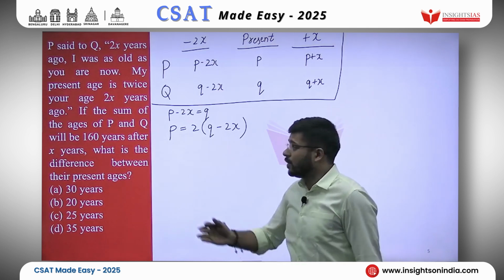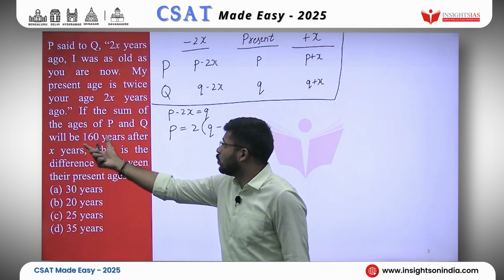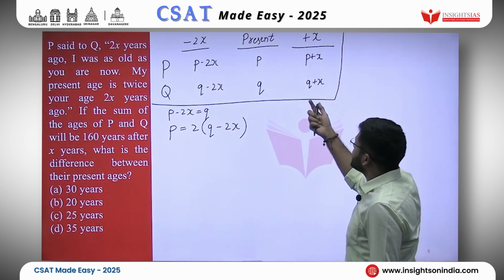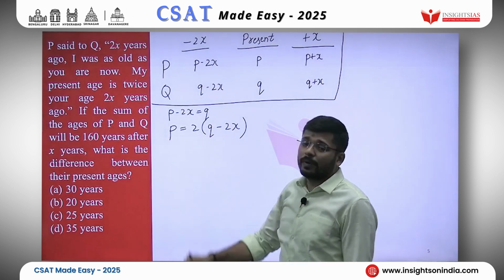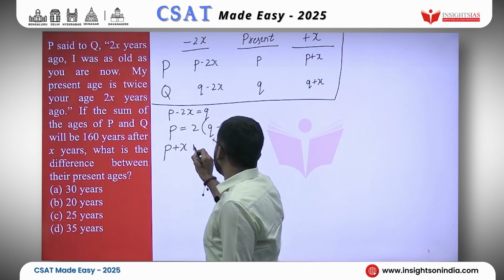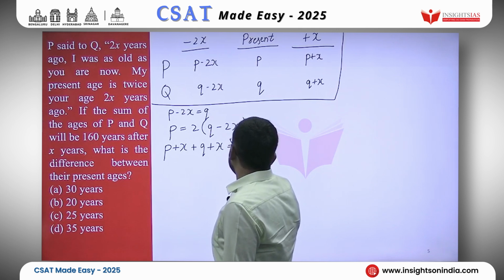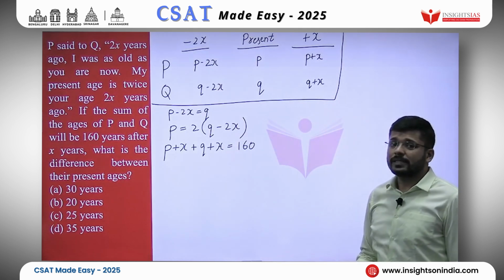They are still not done. We have one more piece of data. If the sum of ages of P and Q will be 160 years after x years, their ages will be P plus x and Q plus x, and their sum will be 160. So P plus x plus Q plus x is 160.